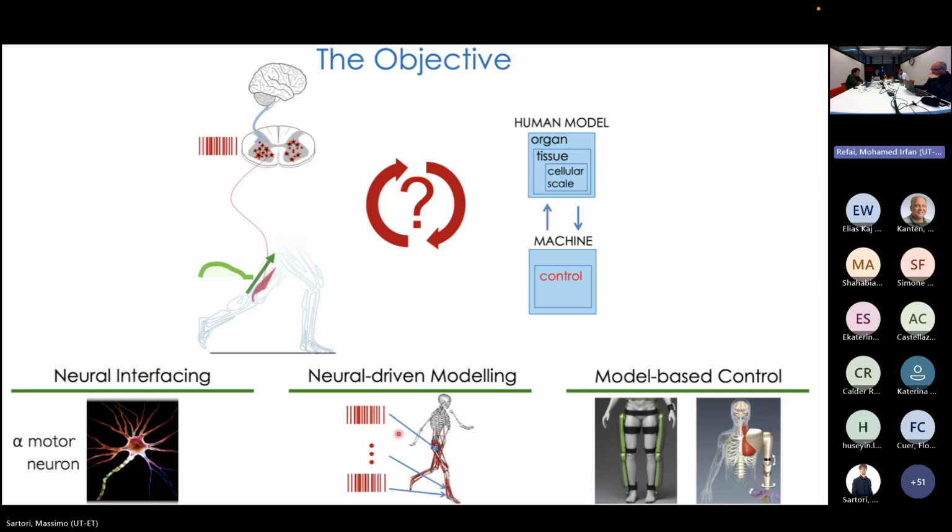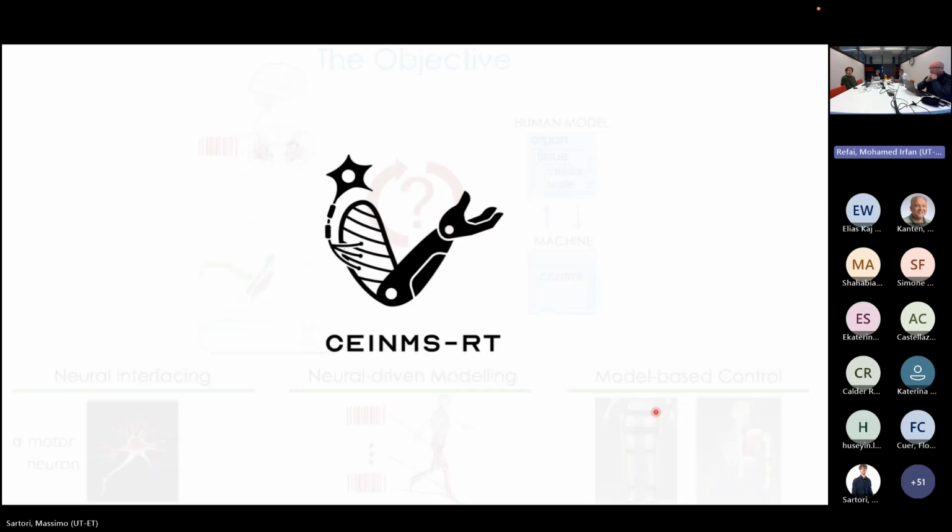And if you can do these two steps accurately, and if you can do them in real time, then essentially you have a way to interface wearable robots with the human body, such as exoskeletons or bionic limbs. And you have a very generalizable way to implement myoelectric control, volitional myoelectric control of wearable devices, as I will show in this presentation. So all of these three steps essentially can be done with CEINMS real-time, CEINMS-RT.